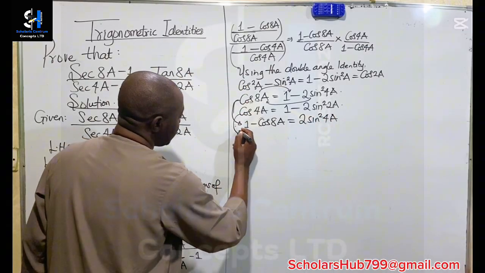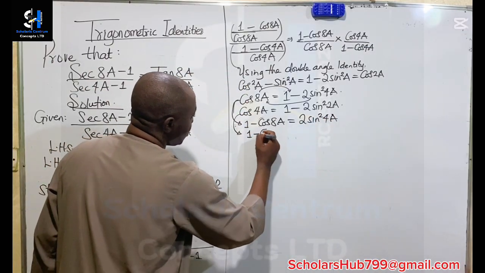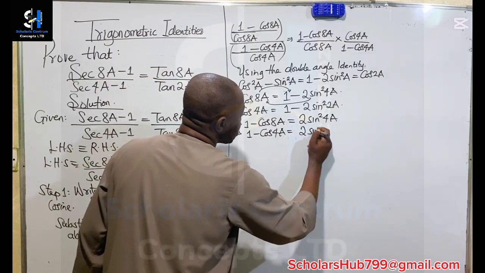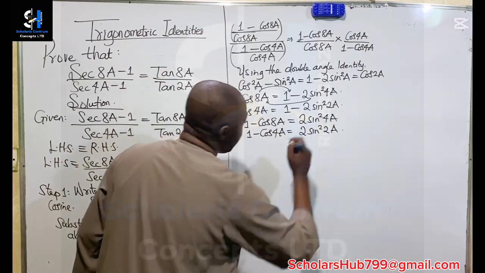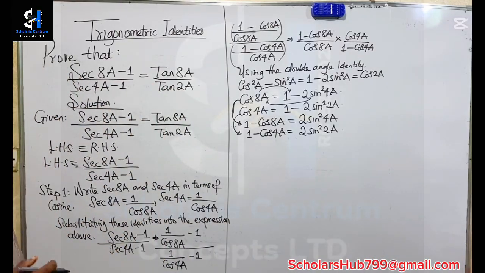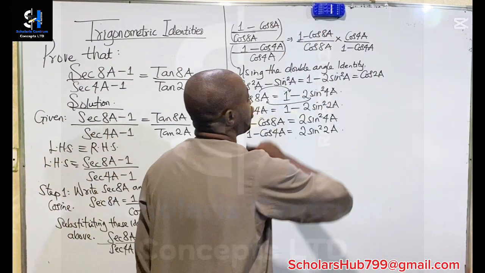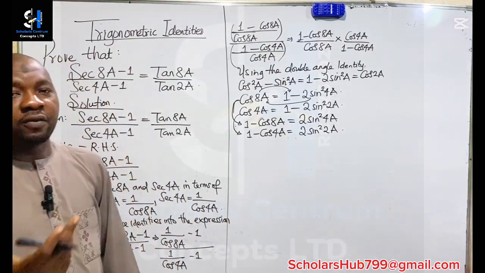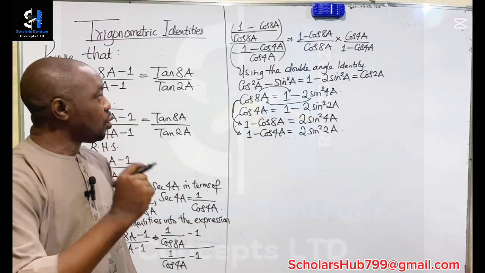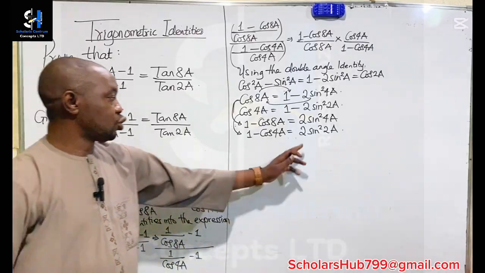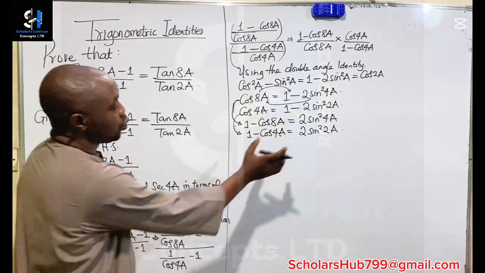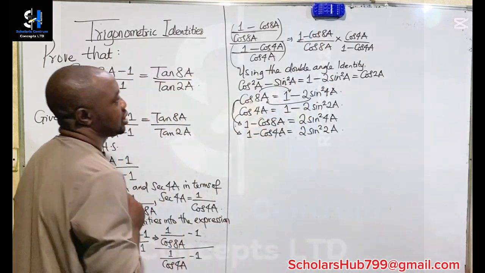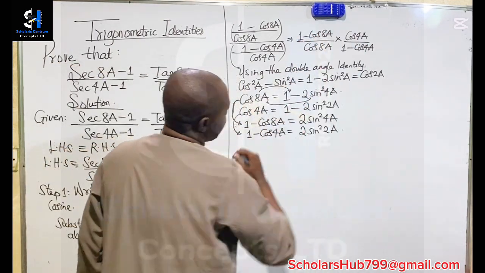Then the same thing, 1 minus cos 4a will be equal to 2 sine square 2a. Which means 1 minus cos 8a is equal to 2 sine square 4a, and 1 minus cos 4a is equal to 2 sine square 2a. So we can now substitute this for 1 minus cos 8a and 1 minus cos 4a.